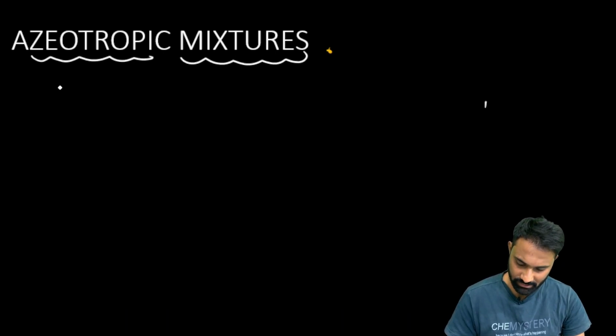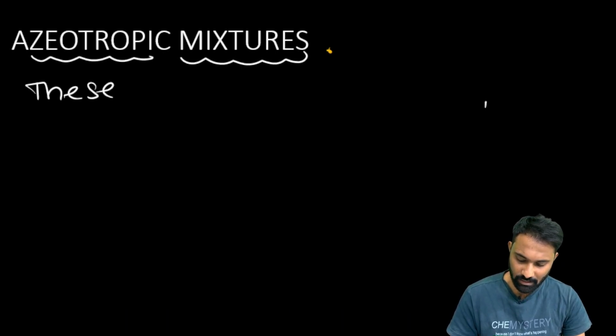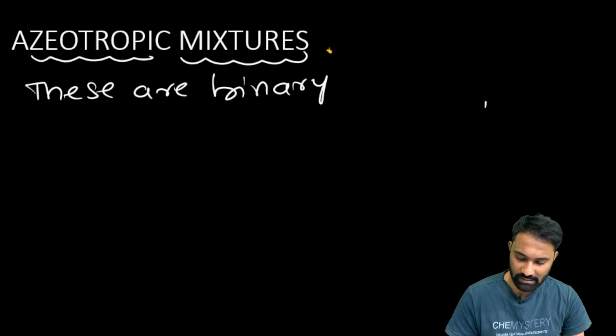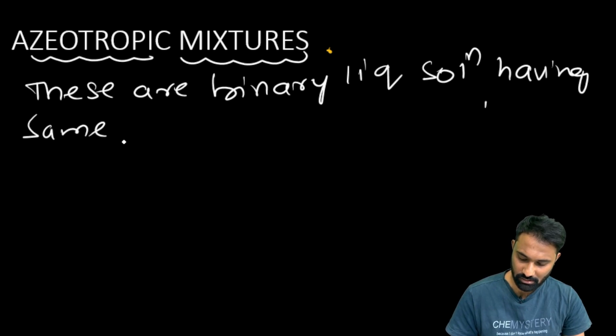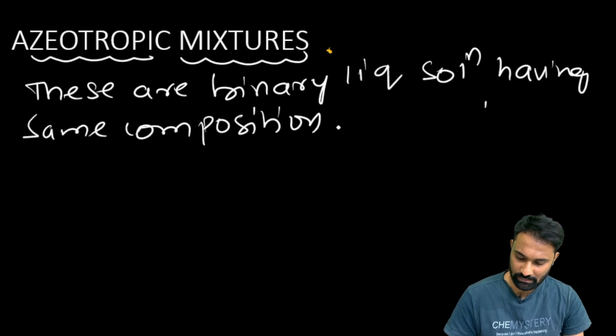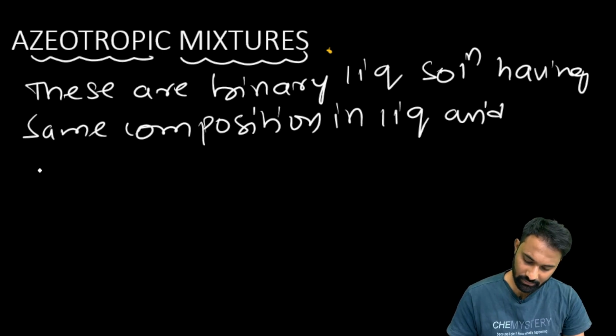Azeotropic mixtures are binary liquid solutions having the same composition in liquid and gaseous phase.